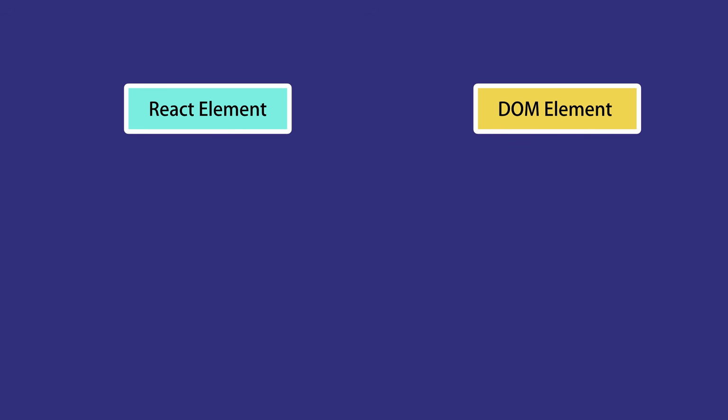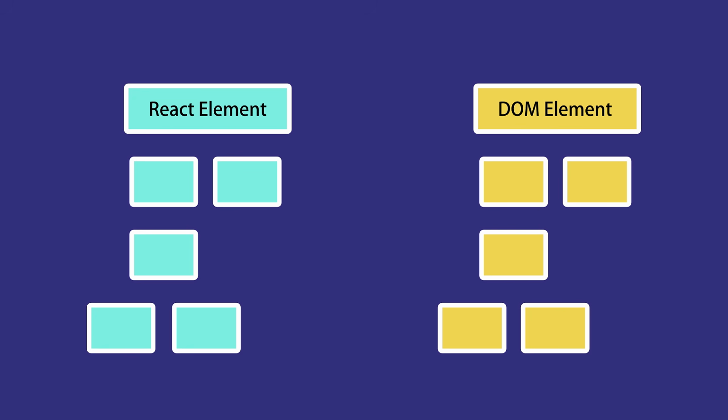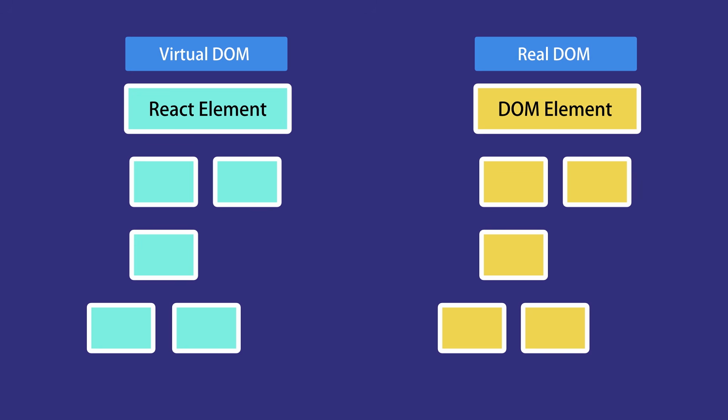It's not a real DOM element, it's just a plain JavaScript object that represents that DOM element in memory. So React keeps a lightweight representation of the DOM in memory, which we refer to as the virtual DOM. Unlike the browser or the real DOM, this virtual DOM is cheap to create.